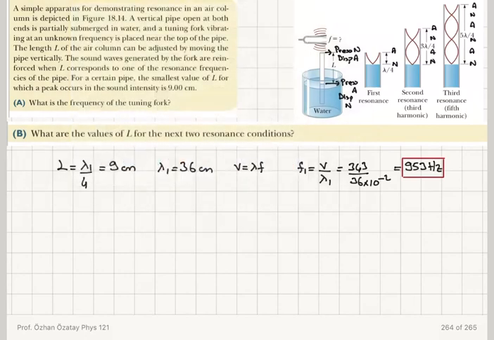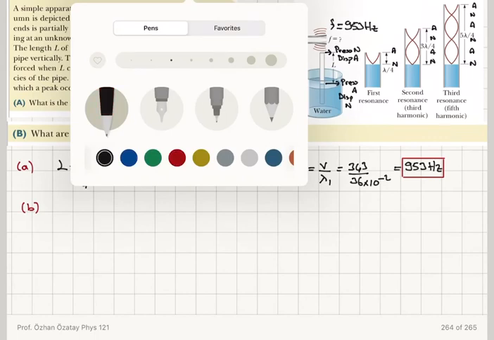So this is the unknown frequency of the tuning fork. I know that this is oscillating at a frequency of 953 Hertz.